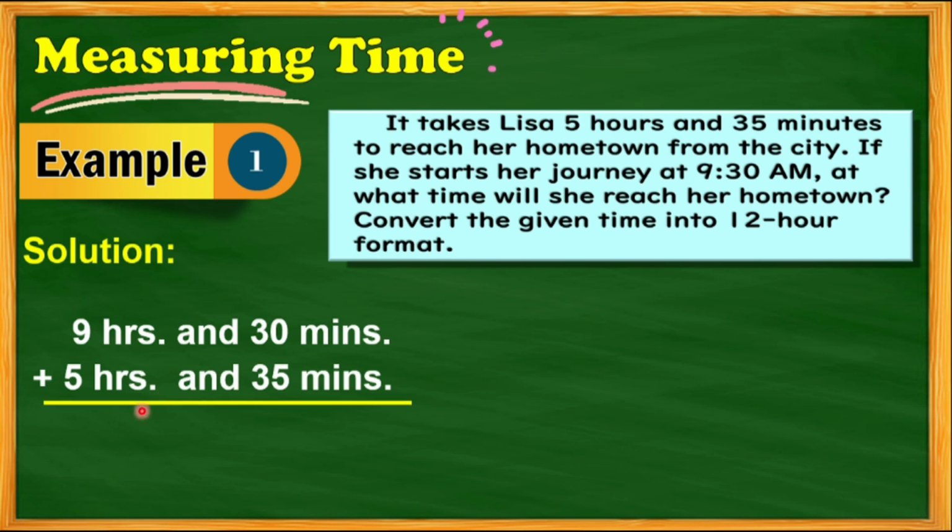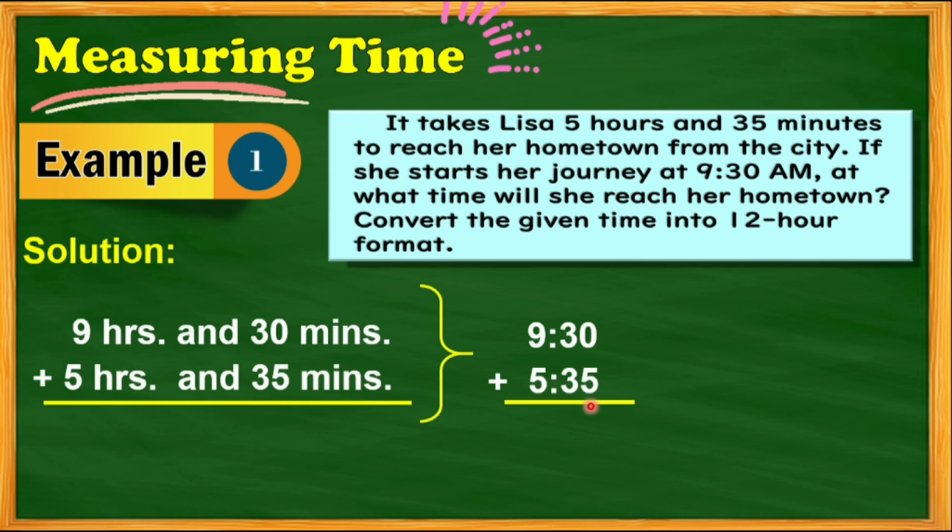So let's add the number of hours and the number of minutes. 30 minutes plus 35 minutes is 65 minutes. 9 plus 5 is 14. This would be the time that Lisa reaches her hometown.